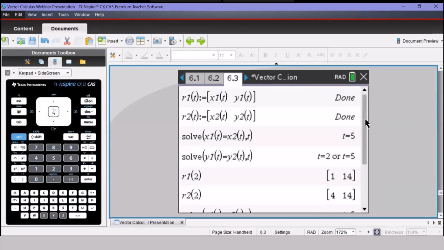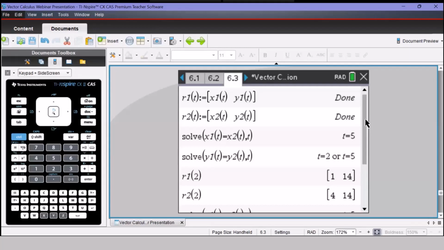We set the x coordinates equal to each other, so the parametric equations x1 of t and x2 of t, we set them equal to each other and solve for t. We get t equals 5, and that rings true. And when we set y1 of t and y2 of t equal to each other and solve for t, we get t equals 2 or t equals 5.